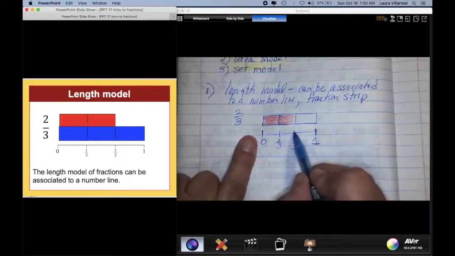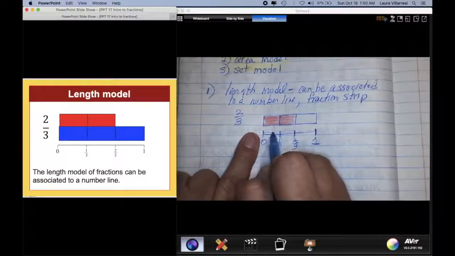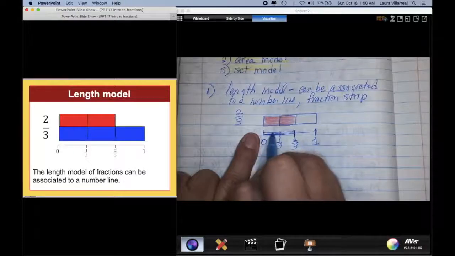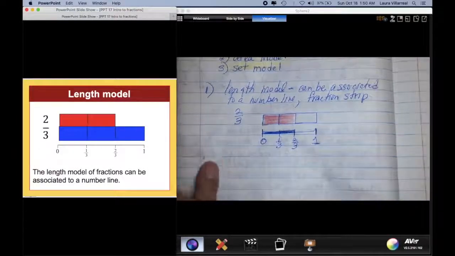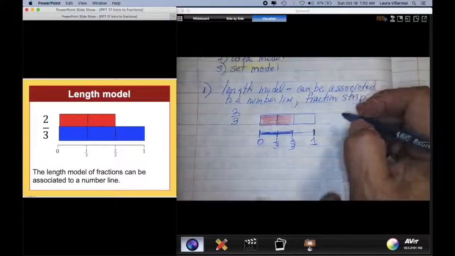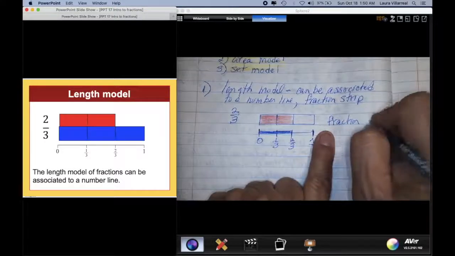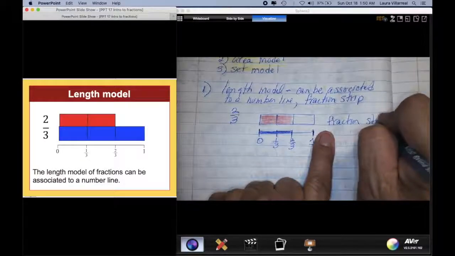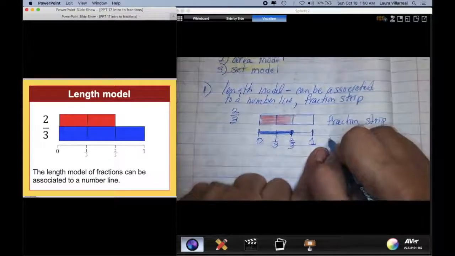And if you're doing the number line, I could put a dot on my number line, or I can shade this region. I shade this portion of the number line. So let's write this down. Fraction strip. Put a dot here. And the number line.